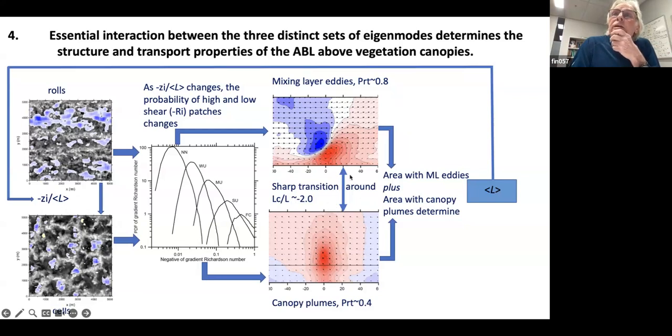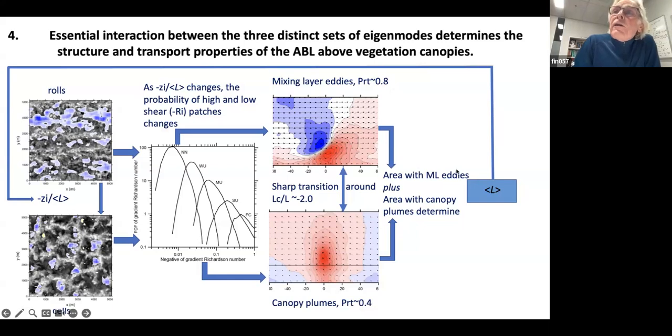It's the sort of e-folding distance of momentum absorption of a gust in the canopy. So we have a sharp transition between these, but the mixing layer eddies have a turbulent Prandtl number of around 0.8, so they're quite good at transferring momentum. They transfer momentum 80% as well as they transfer heat, but the canopy plumes are much better at transferring heat. So the momentum transferability of the plumes is only 40% of their ability to transfer heat.